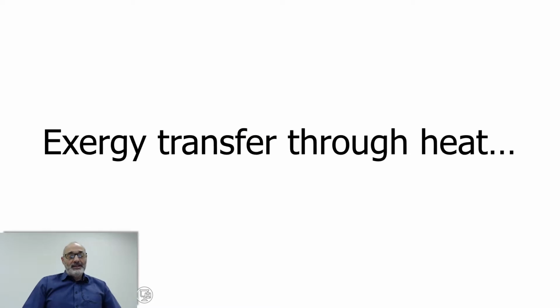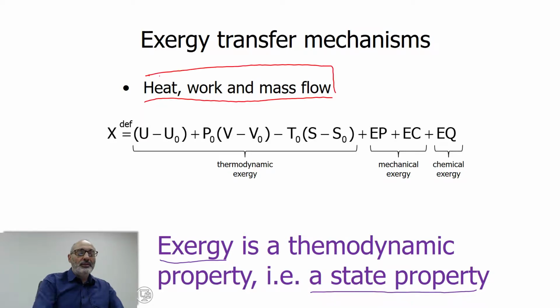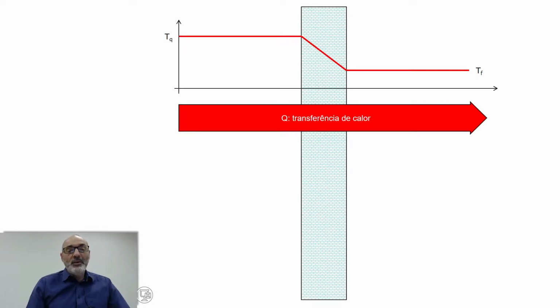So let's see. As I was saying, I'm going to analyze how Exergy can be transferred to and from a system. So let's first analyze Exergy transfer through heat. Let's see what happens when we have heat transfer through a brick wall.